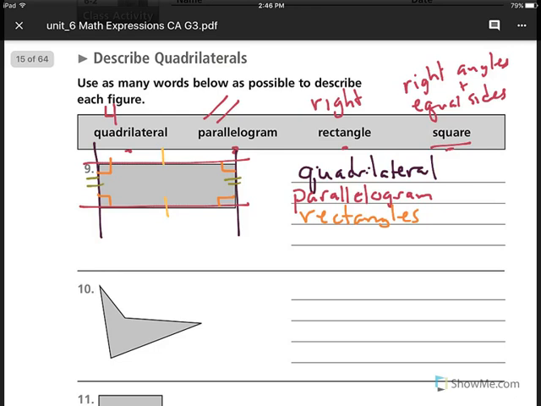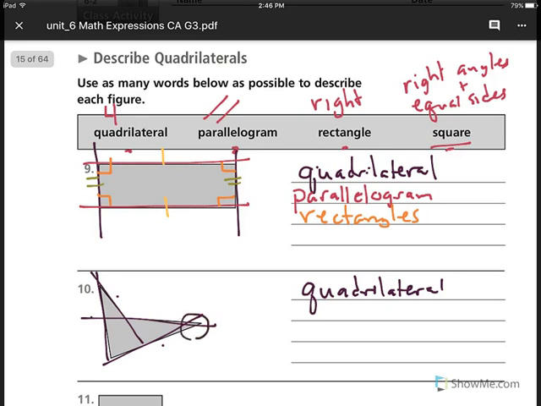Okay? Now let's take a look at this one here. This has 1, 2, 3, 4 sides, so it is a quadrilateral. Is it a parallelogram, though? Well, I don't really have opposite sides. It's concave, so they would intersect, so it is not a parallelogram.